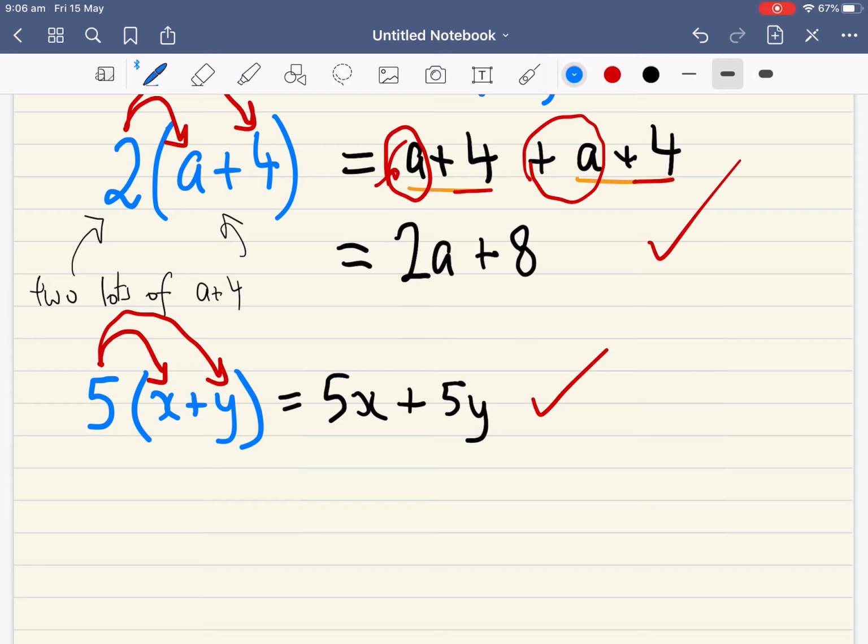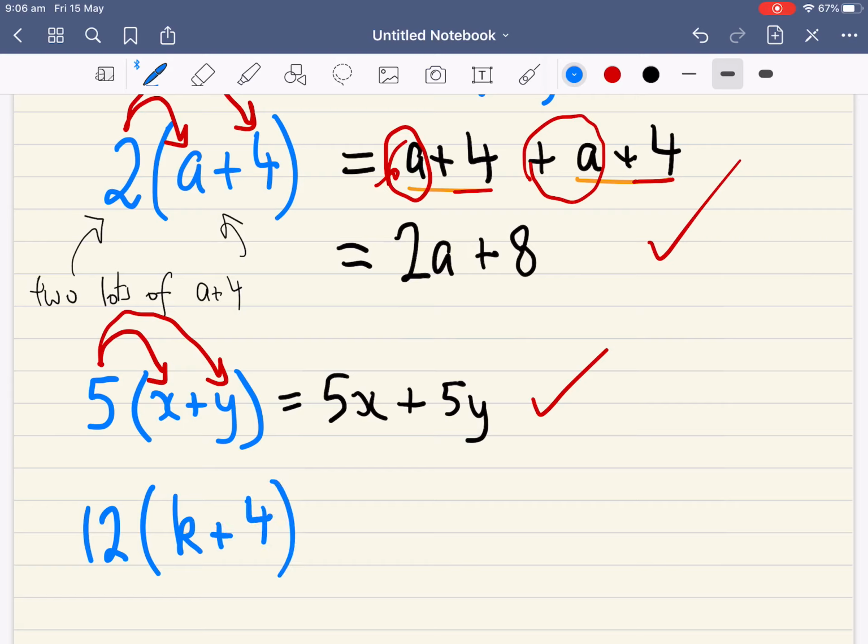All right, I'm going to show you guys one more. We'll do it now, and then I'll get you guys onto your exercise sheet. So for this final one, let's have a big one, right? So it would have been too big to write out otherwise. Let's say we have 12 lots of, let's pick a random letter, k plus 4.